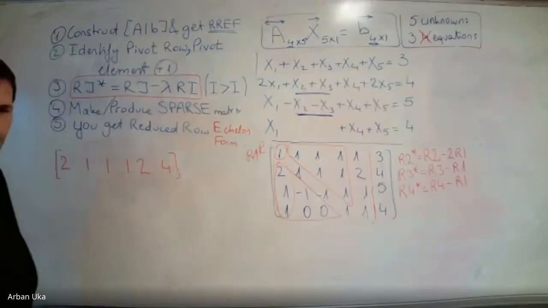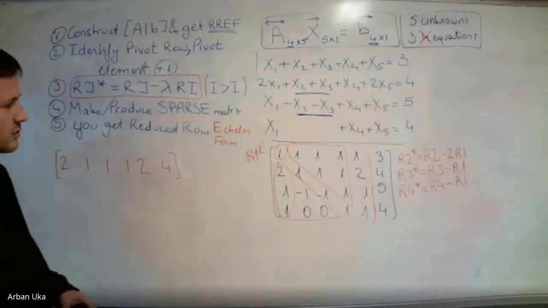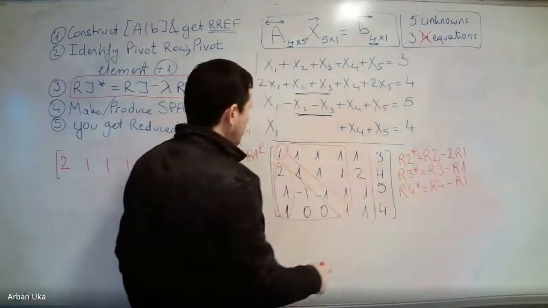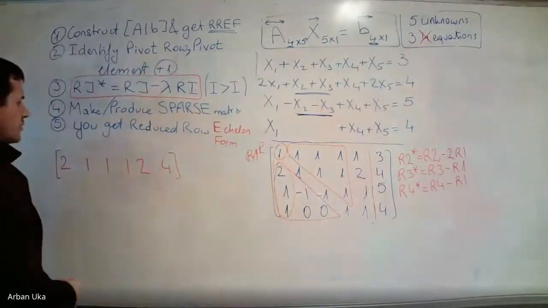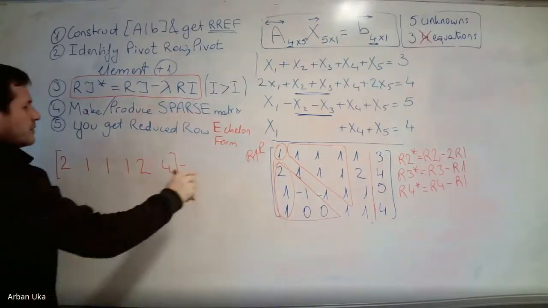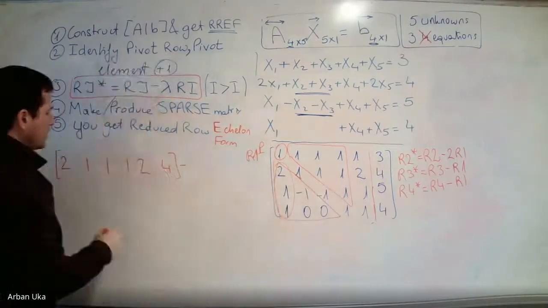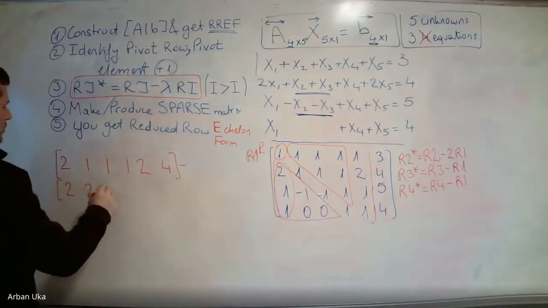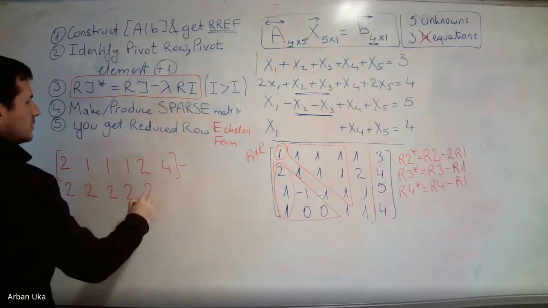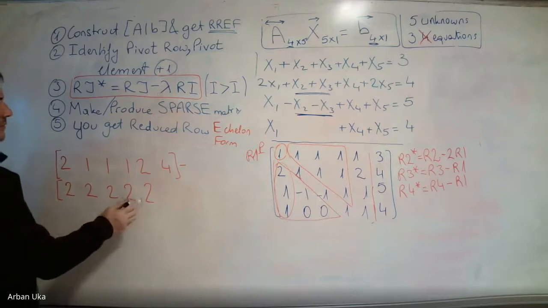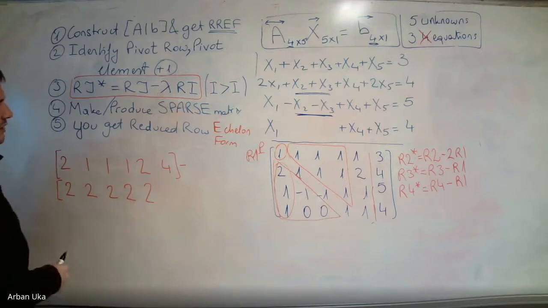So this is row 2. So I wrote here row 2 minus 2 row 1. What is 2 row 1? You see where the row 1 is, and from here you subtract this row. We multiply by 2 all these elements, right? What is it? It's going to be 2, 2, 2, 2, 2, 2, and then what should we get here?